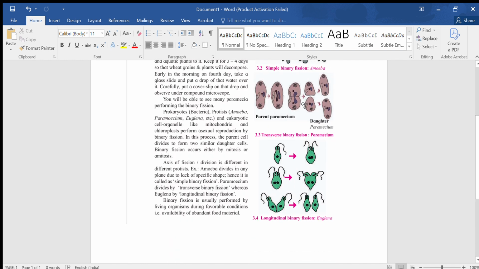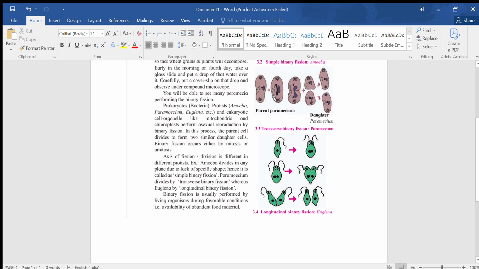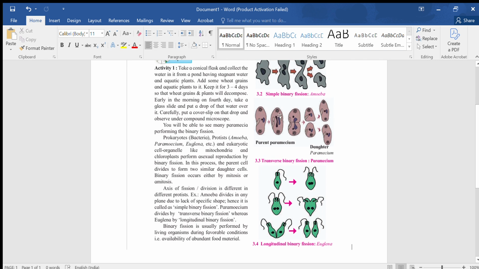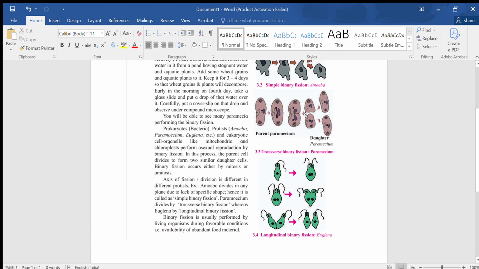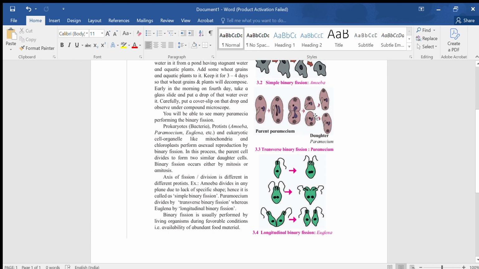Here in transverse binary fission, they cut themselves in half in the middle, and the parent paramecium divides its cell and reproduces two different daughter paramecia.